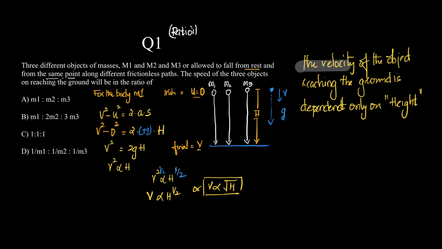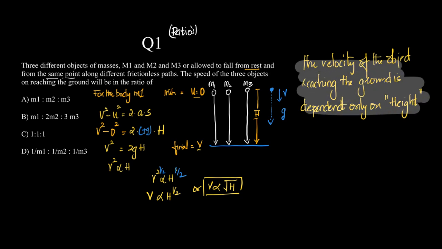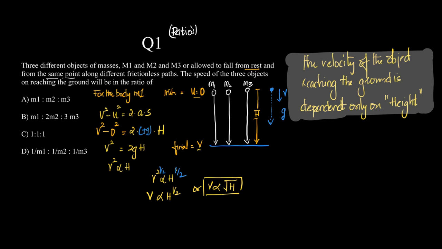This is something we need to highlight, because it depends only on height. Otherwise we can say that it is not dependent on any other thing, which includes mass, and is independent of mass.